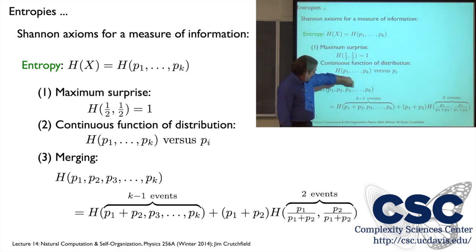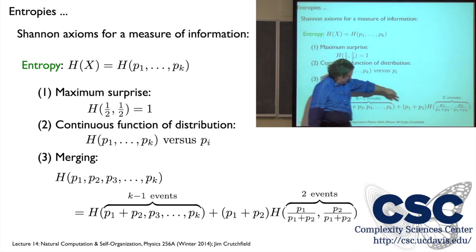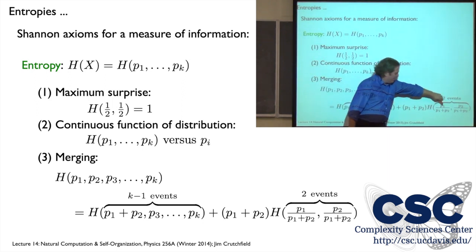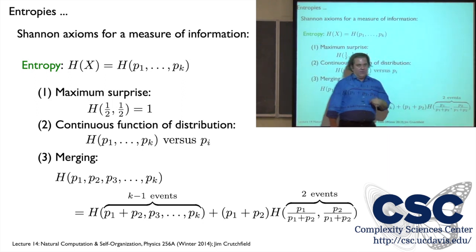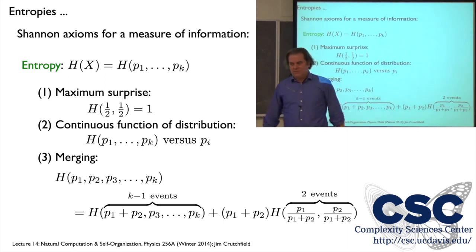Here, if I have k events and I group events 1 and 2 into a new compound event, I now have a distribution over k minus 1 events, and then the entropy over k of them is this reduced smaller distribution plus this extra correction over a binary variable, essentially. Did event 1 or event 2 occur? I can't say much more. It doesn't roll off my tongue to give this an interpretation. But that's what he assumed.